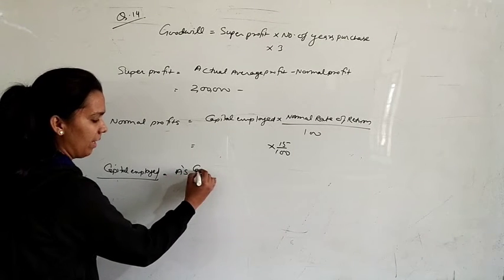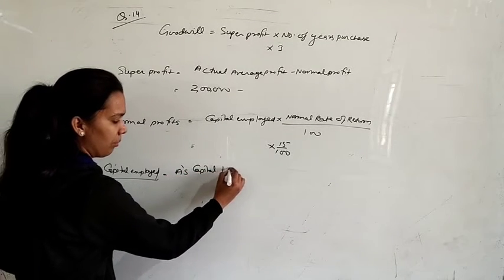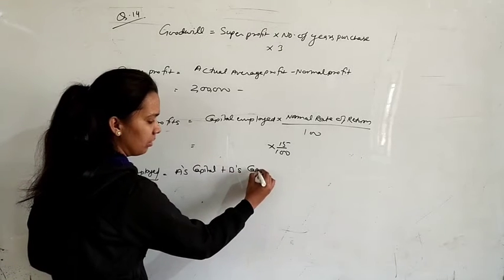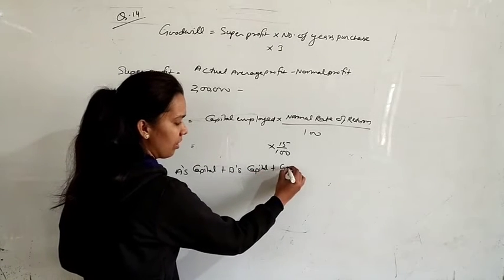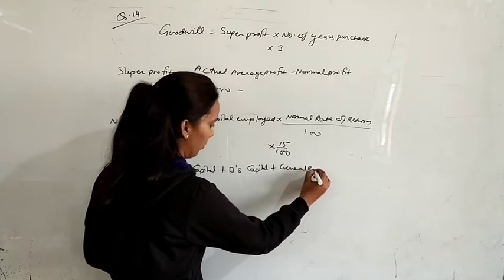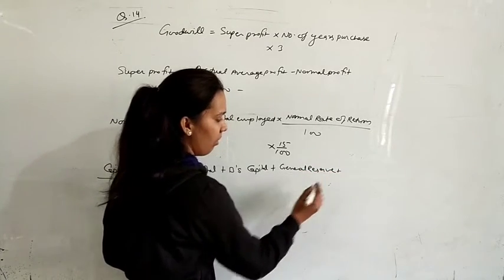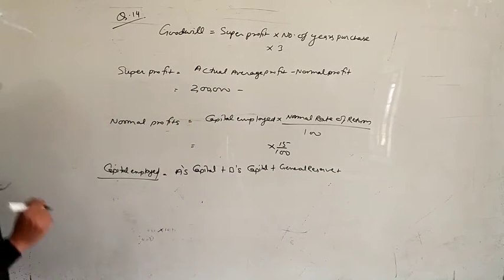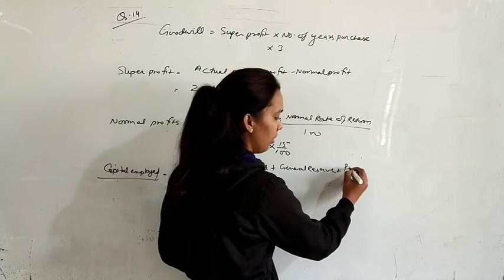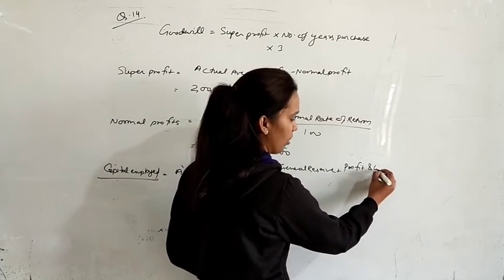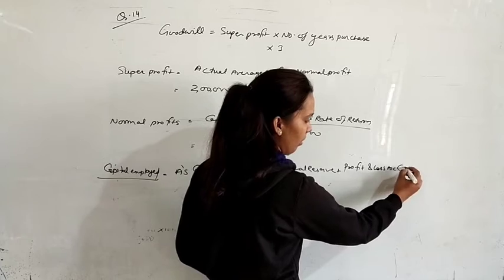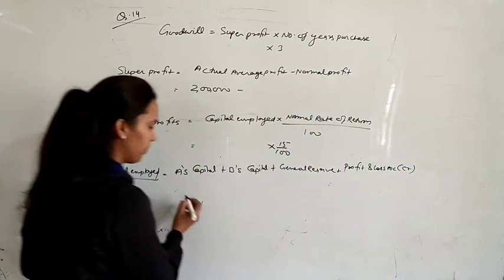In this you will add A's capital plus B's capital plus general reserve and profit and loss account, credit balance.